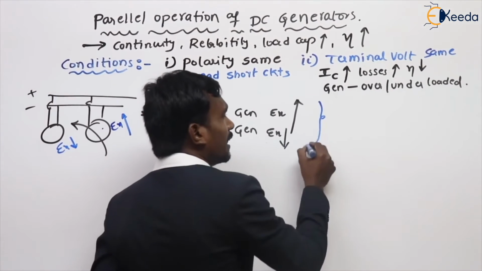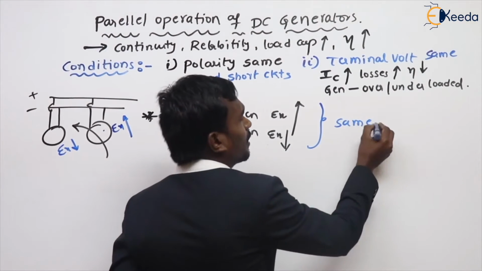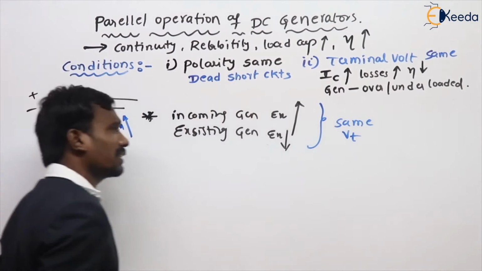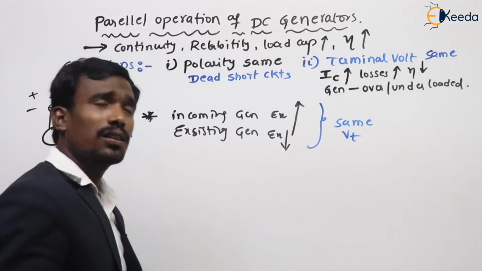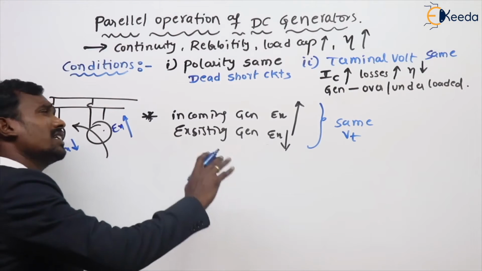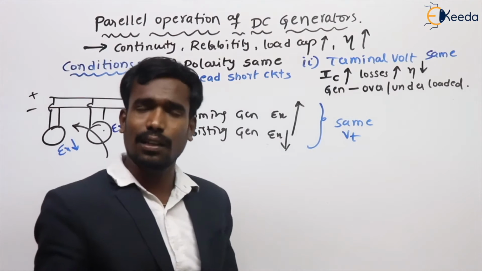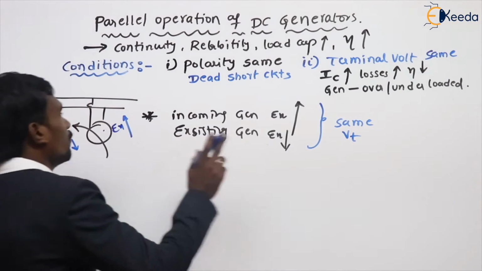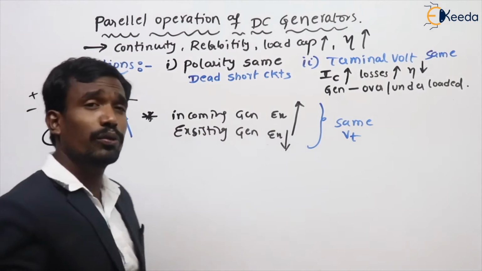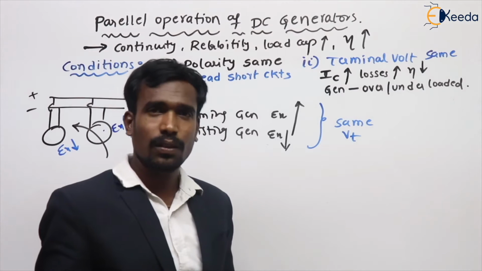Then only we can get the same or constant terminal voltage. When the terminal voltages are the same, then we add it in parallel. That is the first condition we have to follow during the parallel operation.